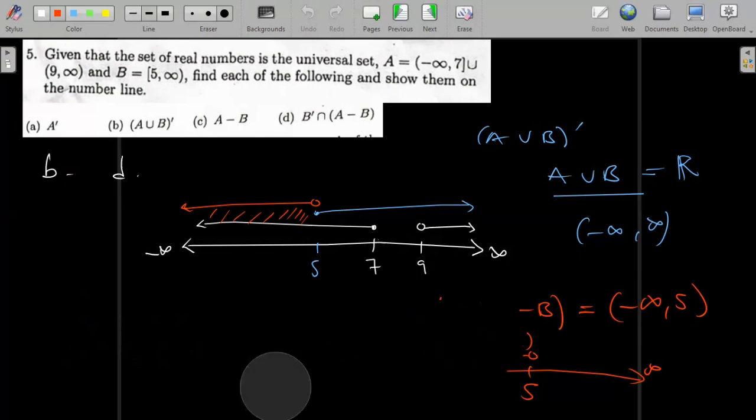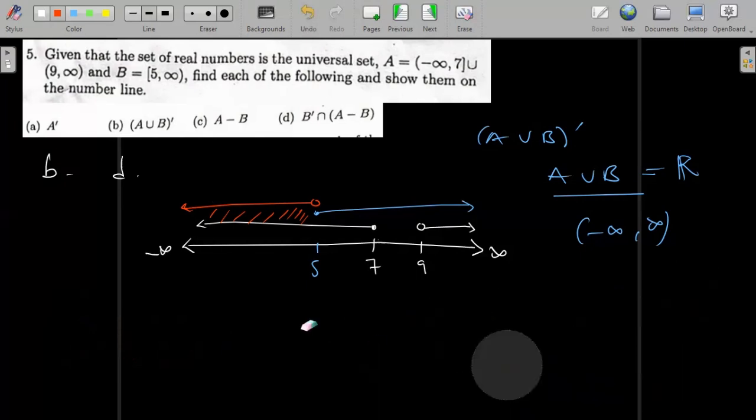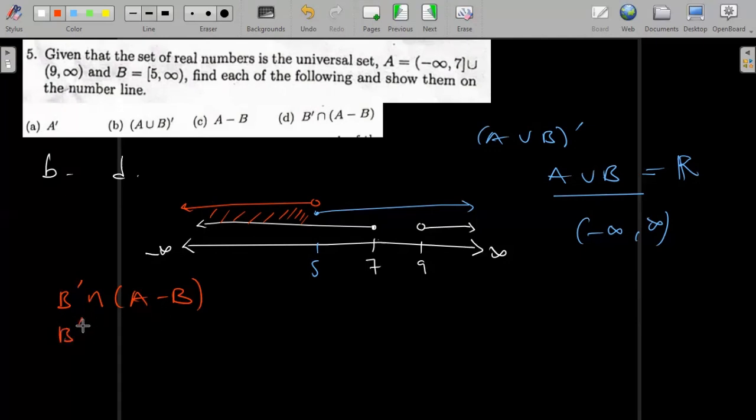So D, what we are saying, where D is concerned, is given by B complement intersect A minus B. This is somehow called, what do you call it? Is it the law of absorption? I remember my tutor when I was in first year was telling me something like that. Always, when you see there's a B complement there, for example, intersect, I can write what is inside, A intersect B complement.